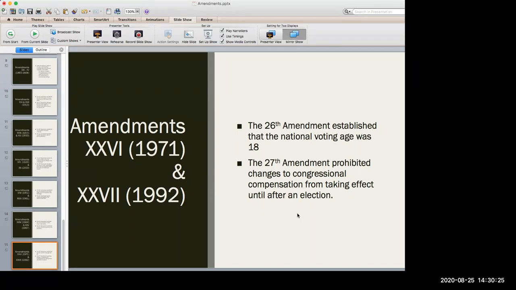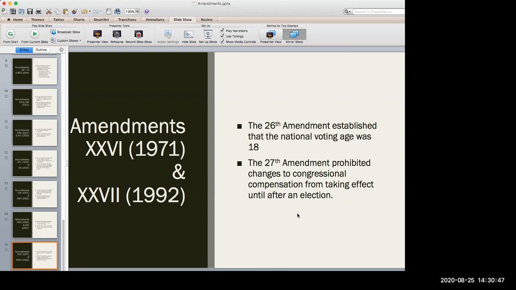The 27th Amendment is really interesting because we've kind of come full circle in talking about the amendments. The 27th Amendment was proposed with the Bill of Rights.